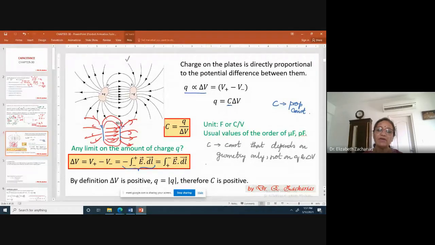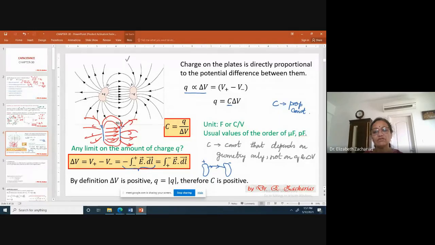Which means if I have two plates, one positive and one negative, then I can talk about an electric field line. It may be a straight line, it may not be a straight line. But whatever it is, you can travel along some path.